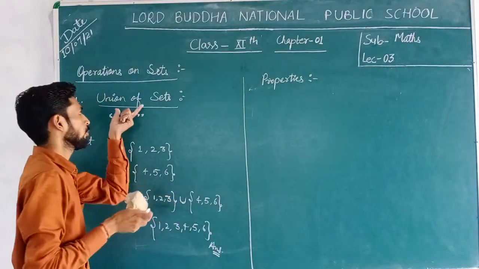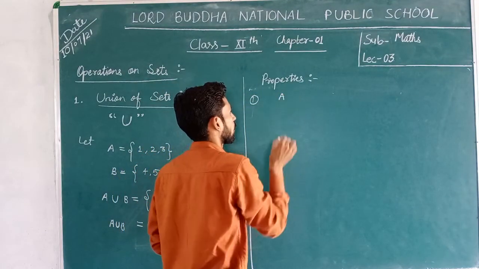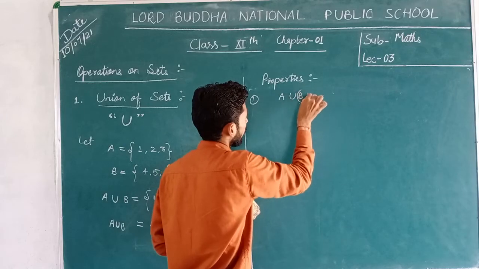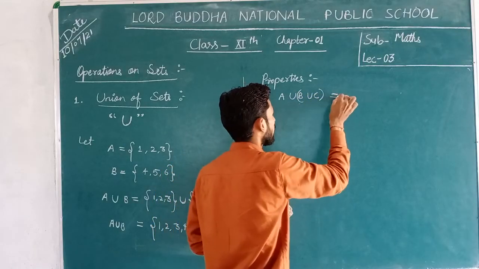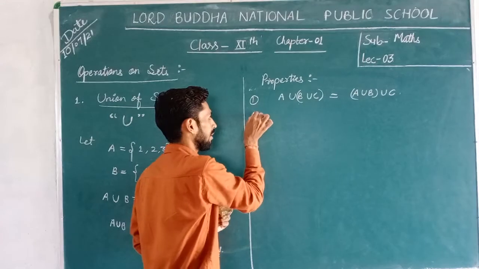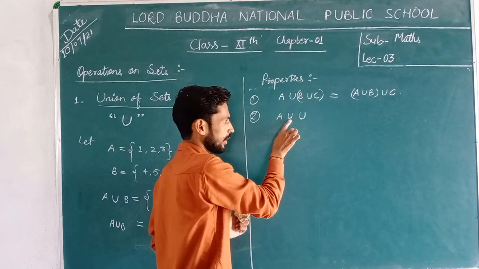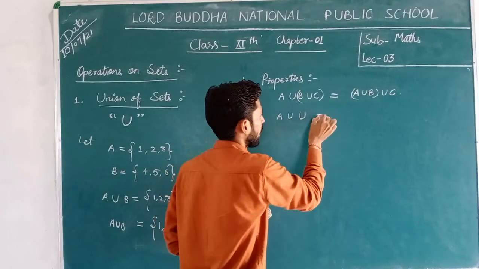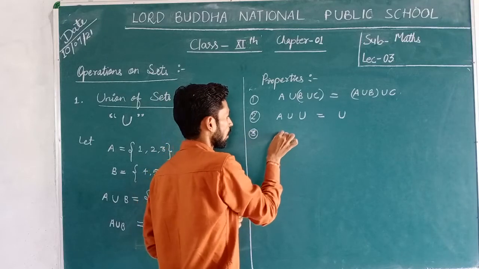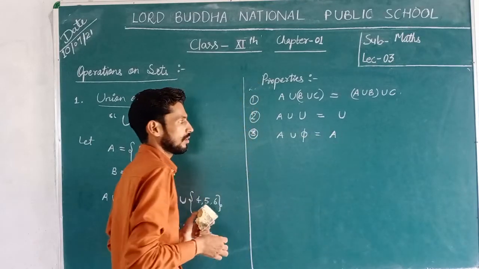What are the properties of the union of sets? Point number one is, suppose that A union B union C is given, that can be written as A union B union C. Point number two, A union U. This is the sign of union and this is the sign of the universal set, so write here U. And third point is A union phi, that's equal to A. Clear this?